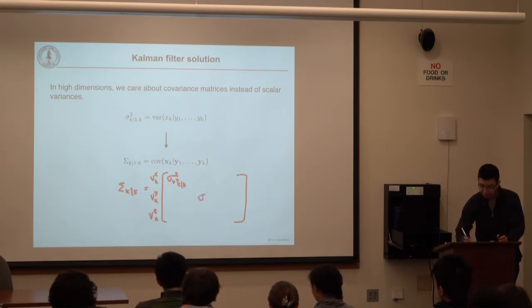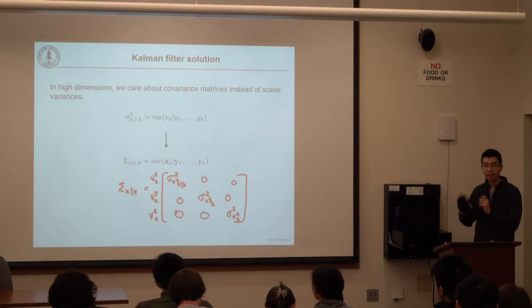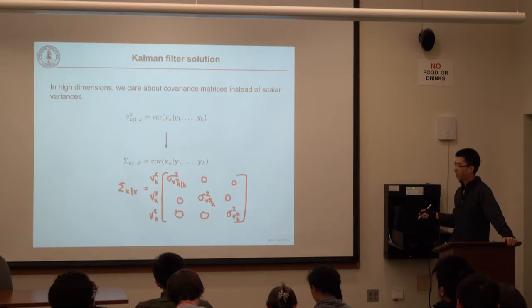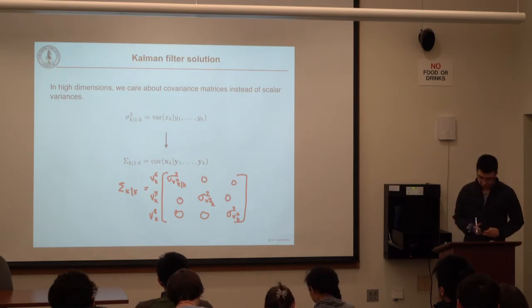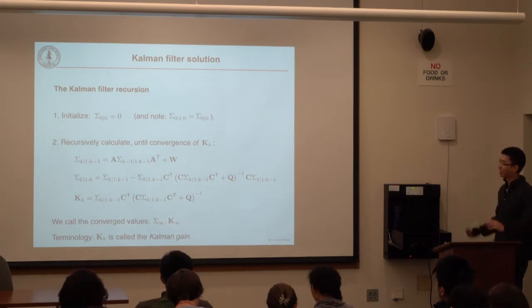The variance here would be the variance of vy at time k, and here the variance of vz at time k. And then the rest of these terms will be 0. All right? So this is exactly what we talked about in the last lecture about what these covariance matrices define. And so this will just be the variance along each dimension. Okay. All right, so this is the Kalman filter solution.